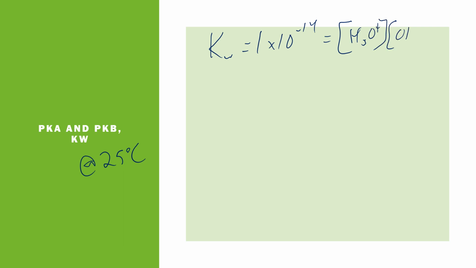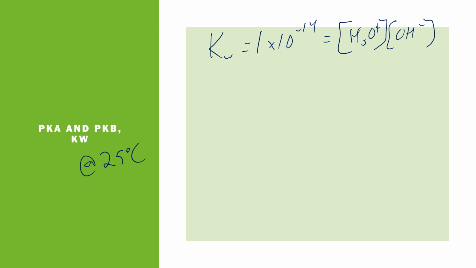Okay, we need to talk for just a minute about pKa, pKb, and Kw. If you remember, at 25 degrees Celsius, Kw is equal to 1 times 10 to the negative 14, and the expression is always H3O plus times OH negative, just like that. You can replace H3O plus with H plus if you choose. I'm going to stick with hydronium for this one.